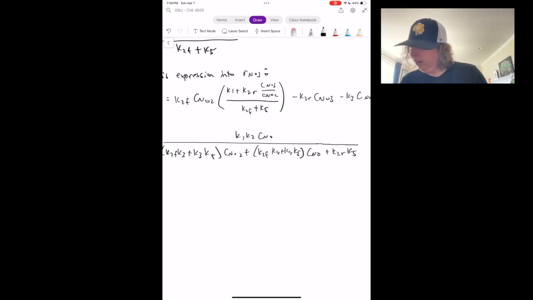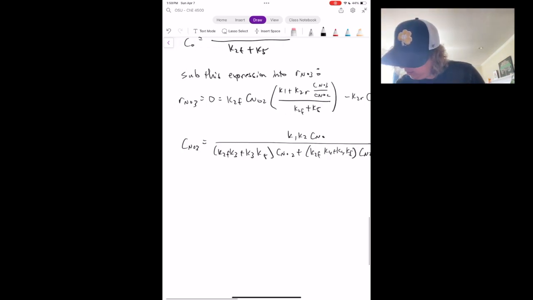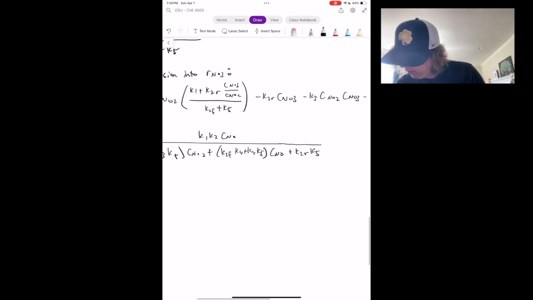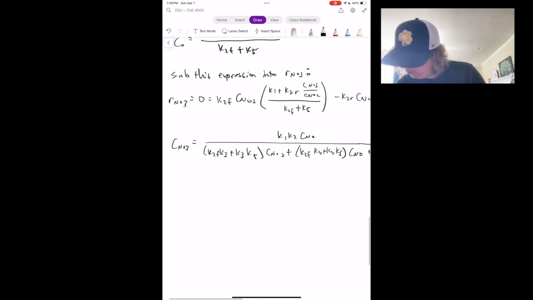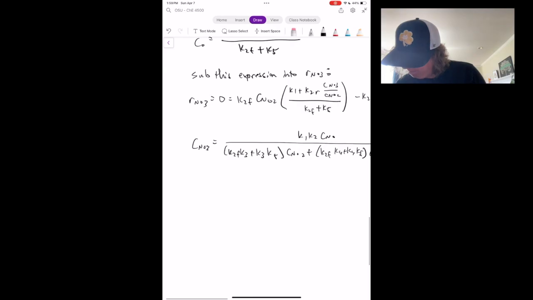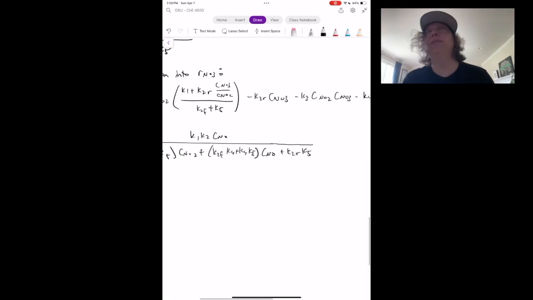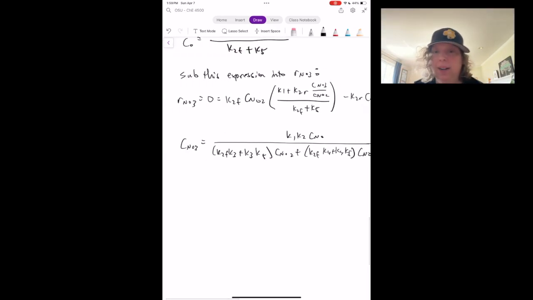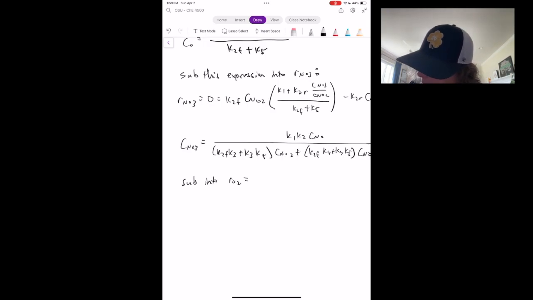Okay, and then finally, there I should have no instances of CO in there. So now I can finally substitute into my alternate expression for RO2.